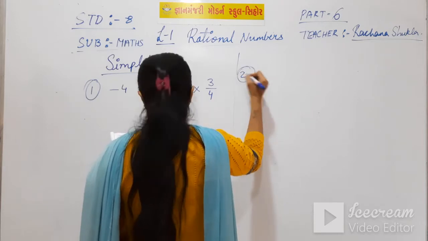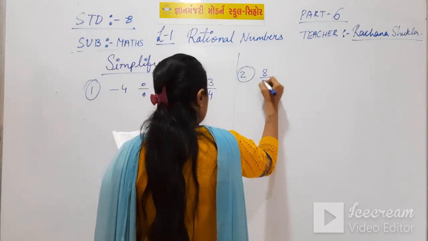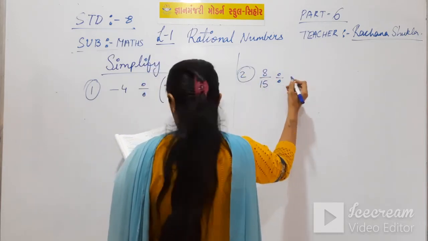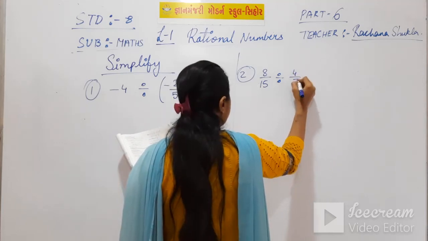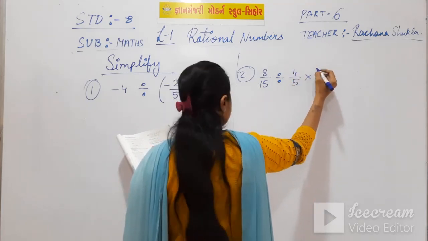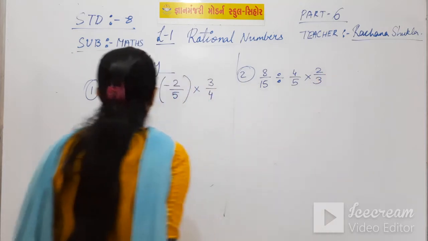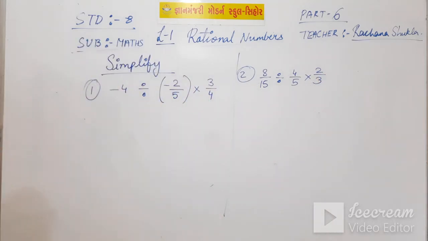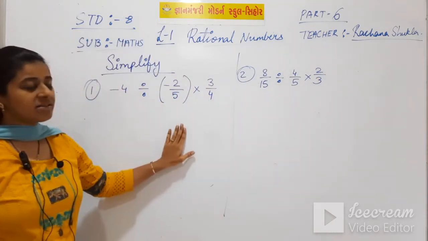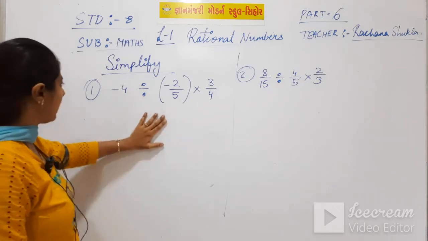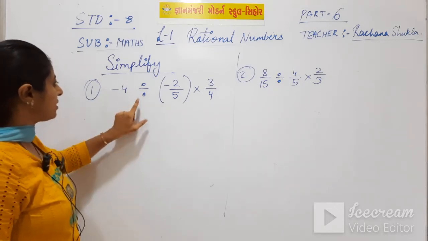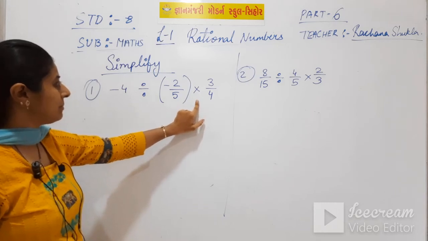And the second one is 8 upon 15 divided by 4 upon 5 into 2 upon 3. See, both these sums are sums of simplification and both involve the sign of division as well as multiplication.